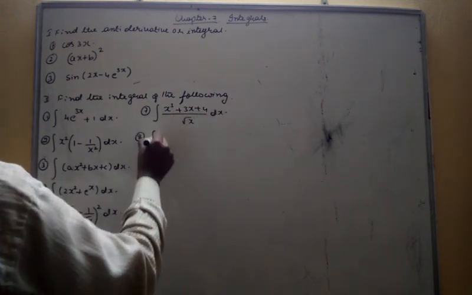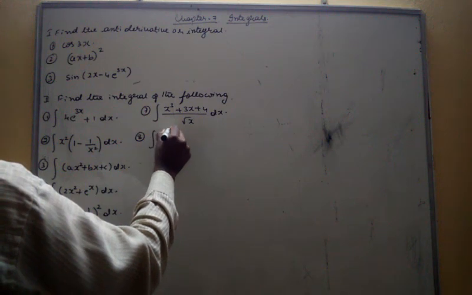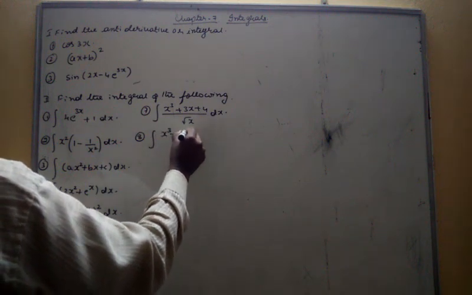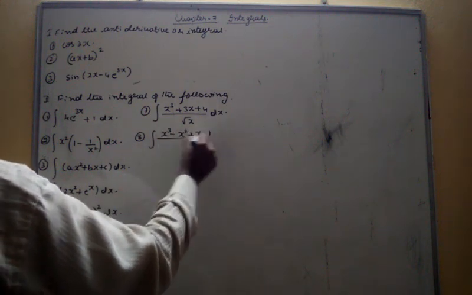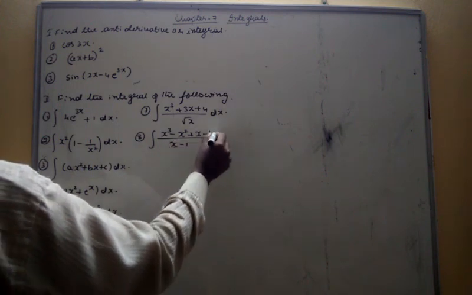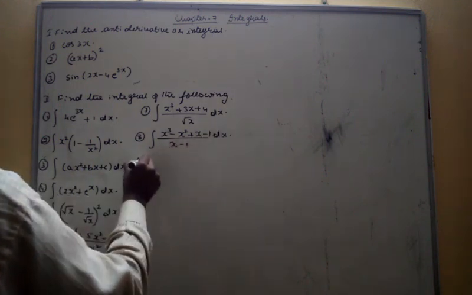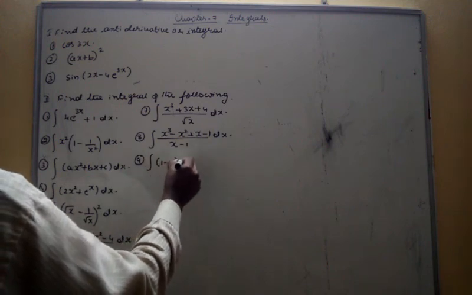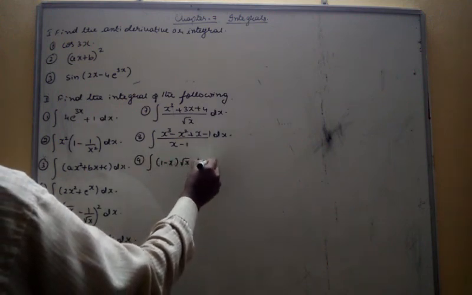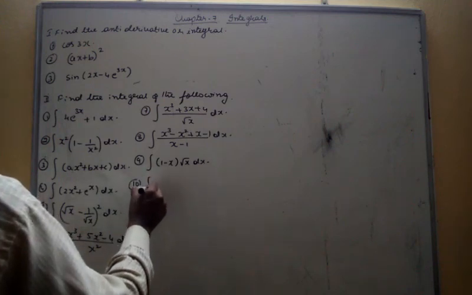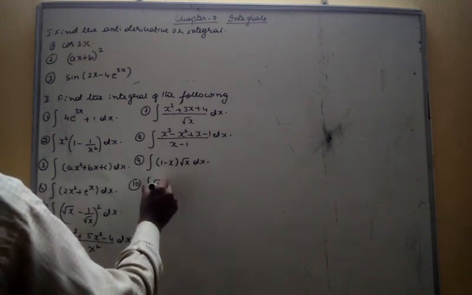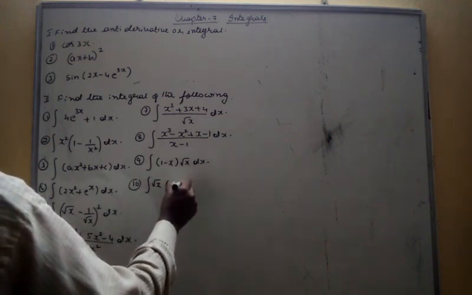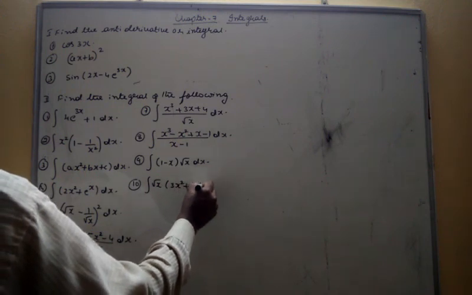Then the eighth one, integral of x cube minus x square plus x minus 1 by x minus 1 dx. Then the ninth one, integral of 1 minus x root x dx. Then the tenth one, root x (3x square plus 2x plus 3) dx.